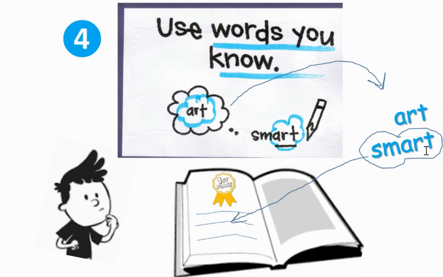Smart. You hear the word art inside of smart. So you know what 2 letters make the sm sound, S-M. So you would put S-M in front of art. And yeah, that's probably how you spell smart.